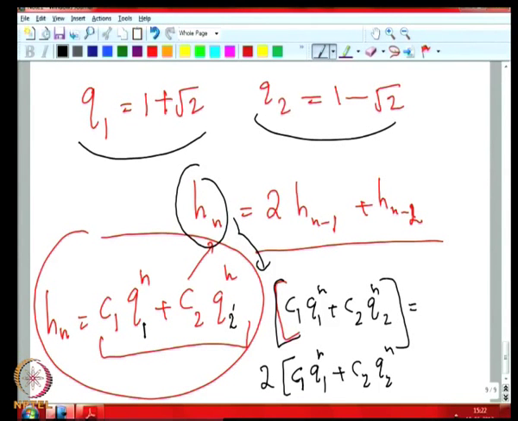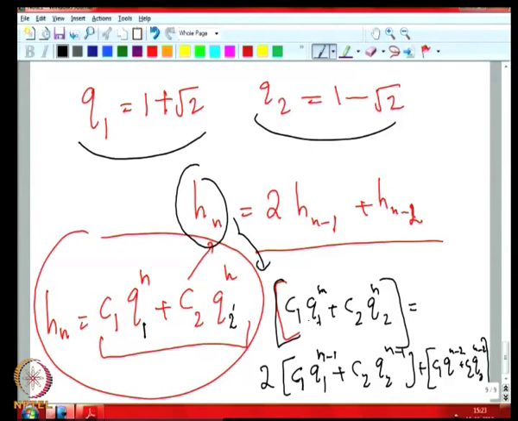So, this is a very simple fact, because if you substitute it here like this, it will just be C2 into Q2 raised to n minus 2. Now, combining things, this says Q1 raised to n on this side. I will only consider the terms involving Q1.